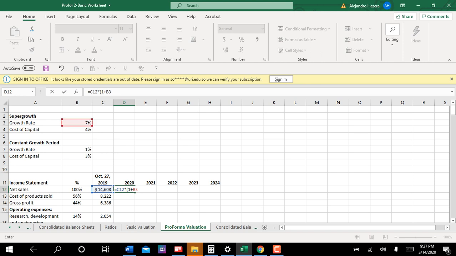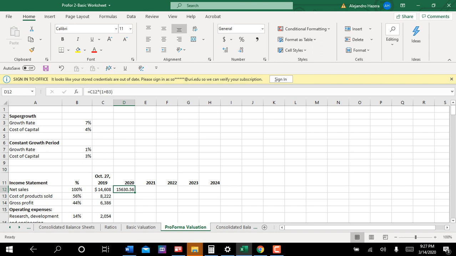That will give us projected sales of 15.6 billion for 2020. That's a pretty easy formula. You're just taking the previous year and multiplying it times 1 plus the 7% growth rate, or 1 plus B3 basically.